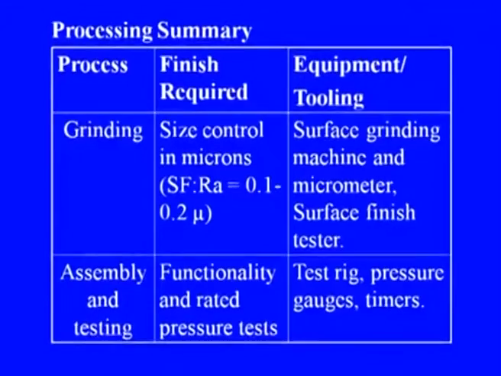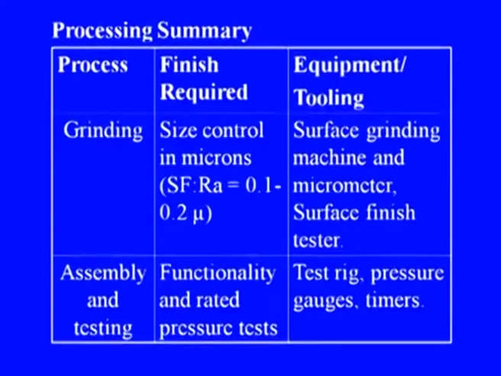Then the grinding process, in which the size control will be again in the range of 0.1 to 0.2 micrometer of Ra values, and the equipment required will be surface grinding machine and micrometer. Of course, a surface finish tester for verifying the surfaces produced.